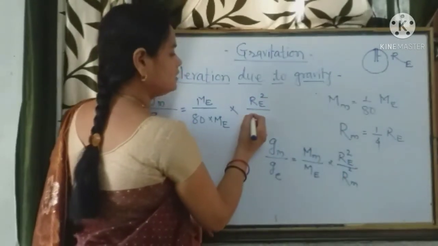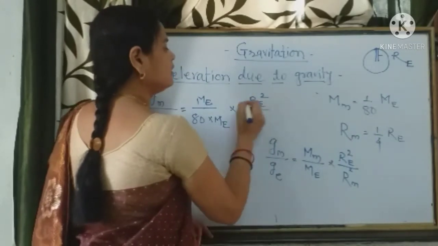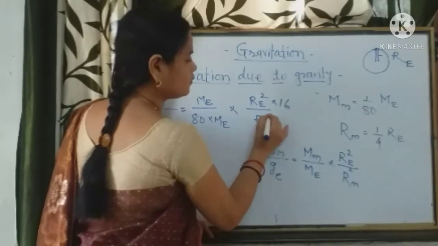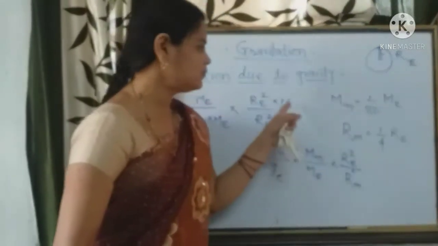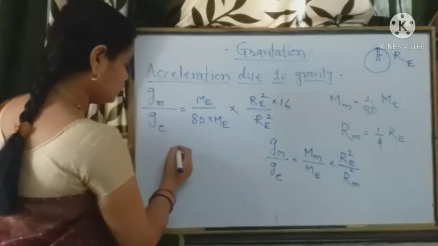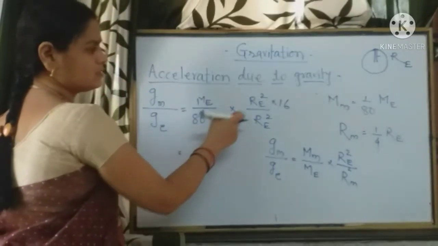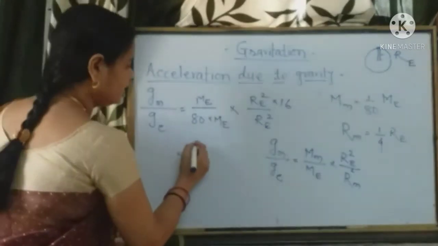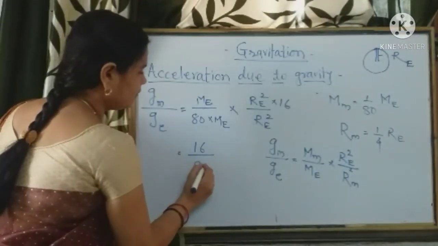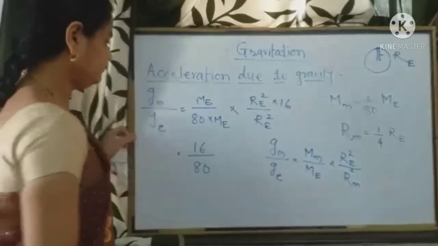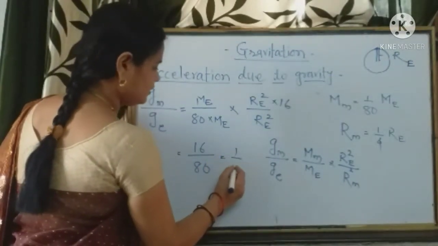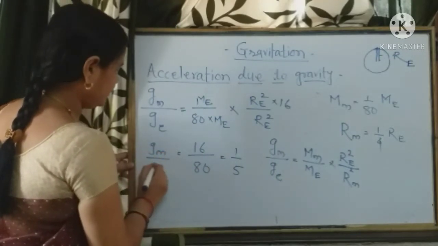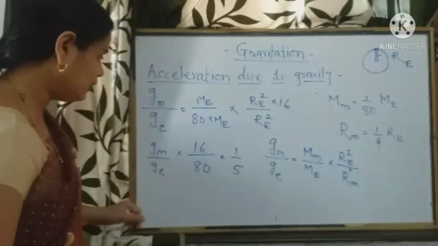The radius of moon is 1 by 4 that of Earth, so the radius of moon square is 1 by 16 of Re square. The mass of Earth gets cancelled, the radius of Earth square gets cancelled. We have 16 divided by 80, which means 1 by 5. So g for moon divided by g for Earth is equal to 1 by 5.